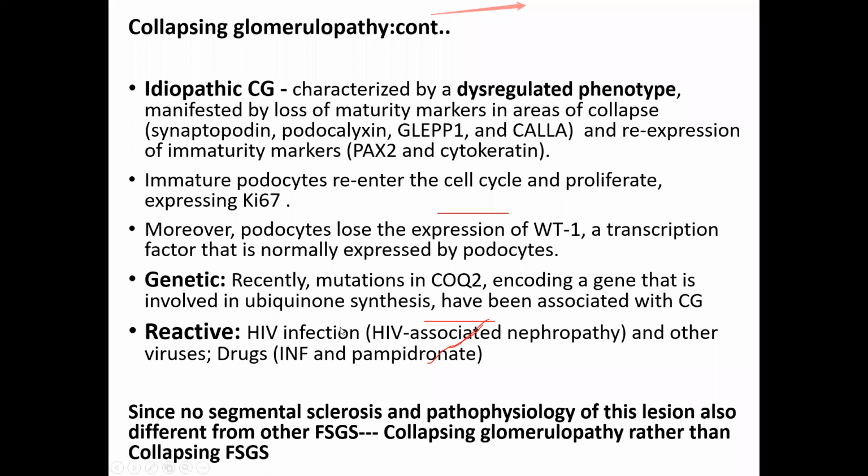There are genetic causes described, like mutation in coenzyme Q2, and it is described in HIV infections, other viruses, and drugs like interferon and pamidronate. Some authors prefer the term collapsing glomerulopathy rather than collapsing FSGS, because sometimes we won't see the segmental sclerosis part in the collapsing lesion.